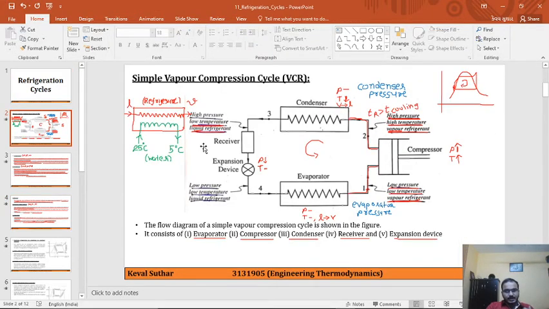We have already discussed this portion, where it is getting evaporated and consuming heat from the cooling medium.